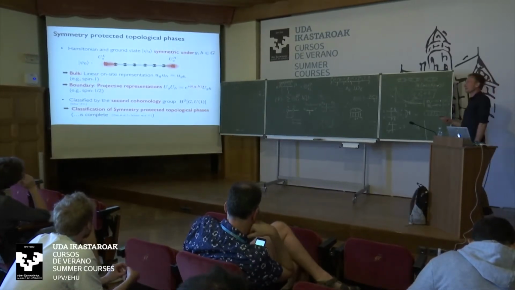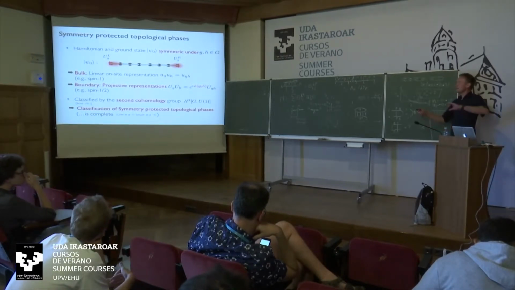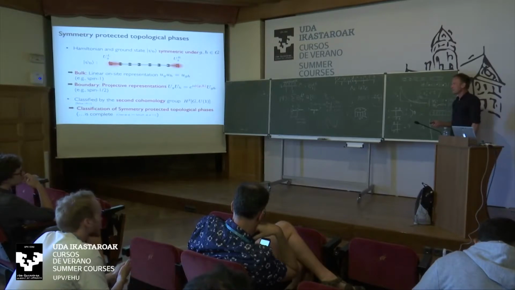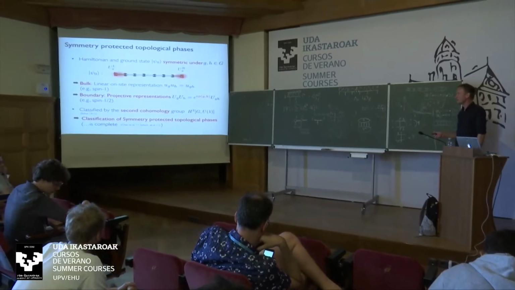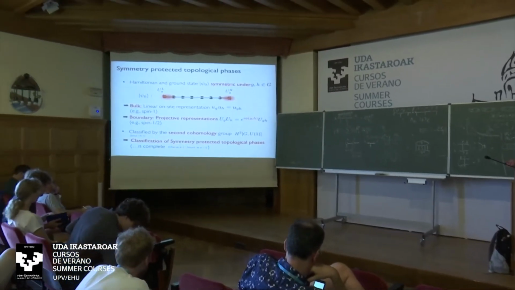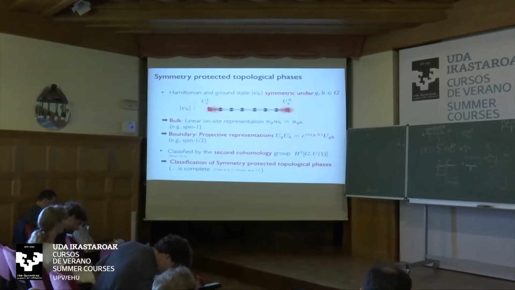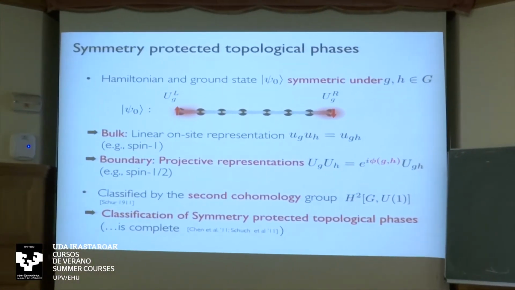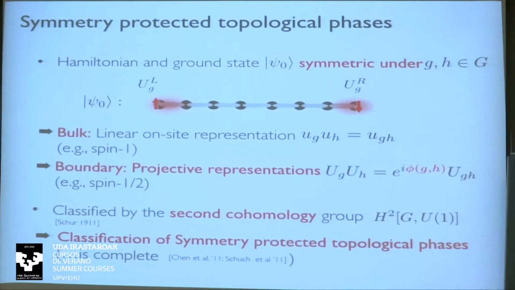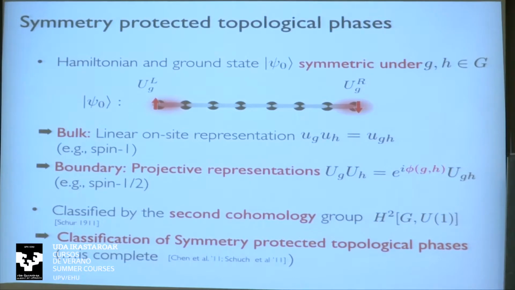You just take a ground state, and the way the symmetries act on the boundaries dictates which class the induced projective representation belongs to, and by this we can directly adapt the projective representation classification scheme to the classification of topological phases.